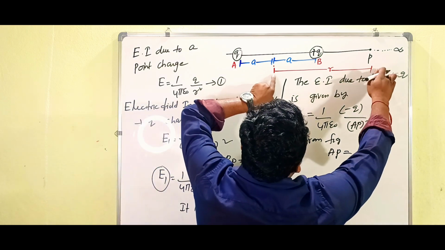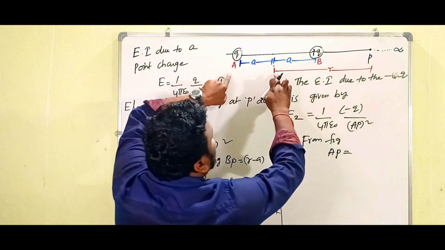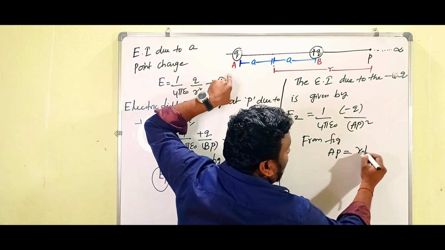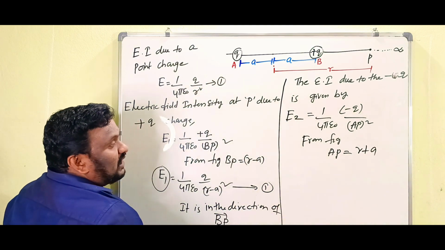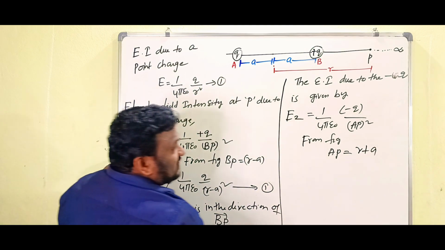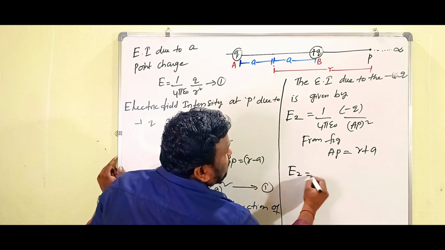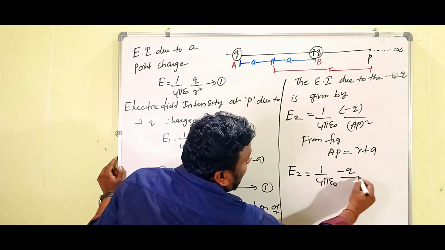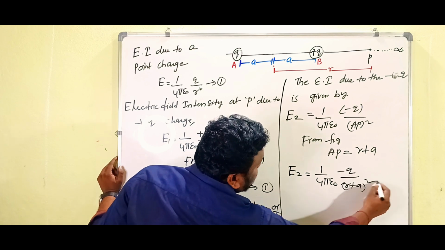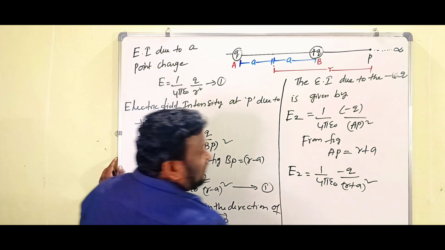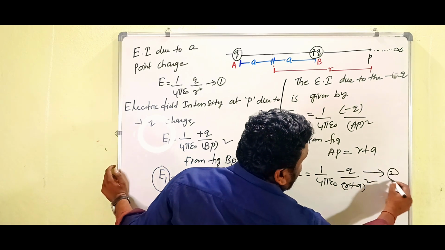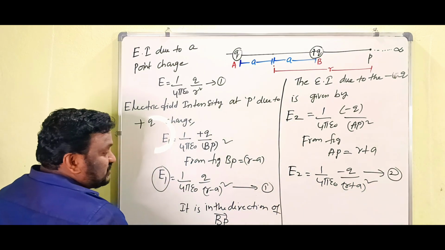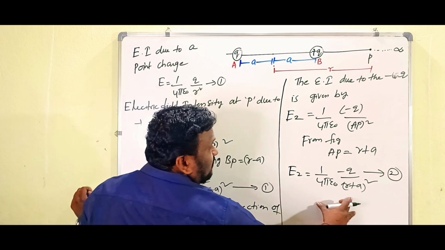This is the R, here to here R and here to here A. So AP means R plus A. That's why E2 is equals to 1/4 pi epsilon naught minus q by R plus A whole square. This is the equation number 2, children. So this is equation number 1 and this is equation number 2.